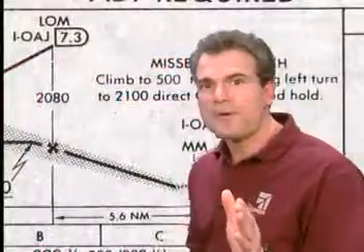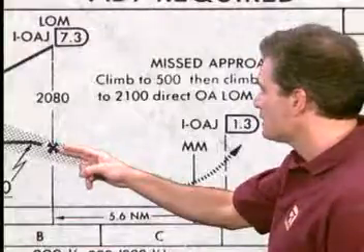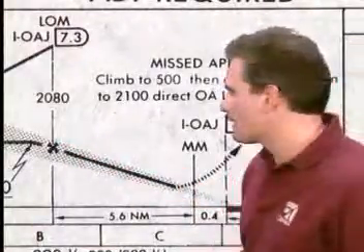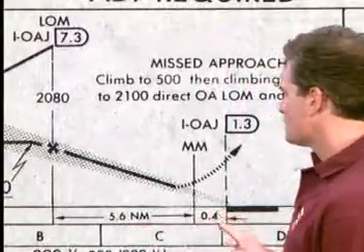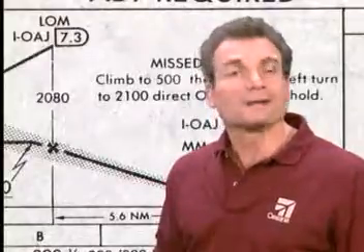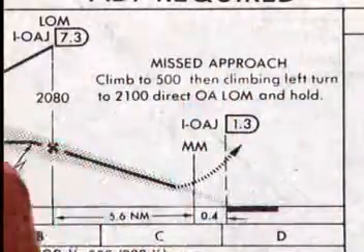The distance from Ellis, right over here, to the runway threshold is 6 nautical miles. 5.6 plus 0.4, that equals 6 nautical miles. So your GPS distance readout from Ellis will let you know continuously where you are during the approach.